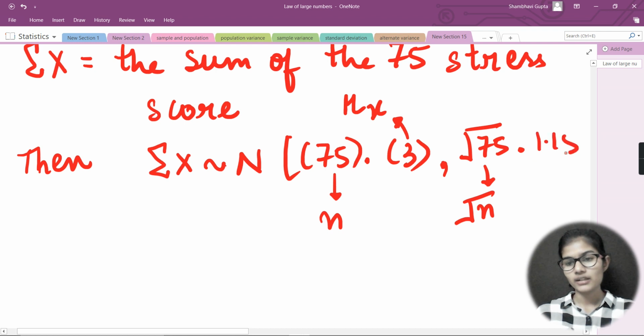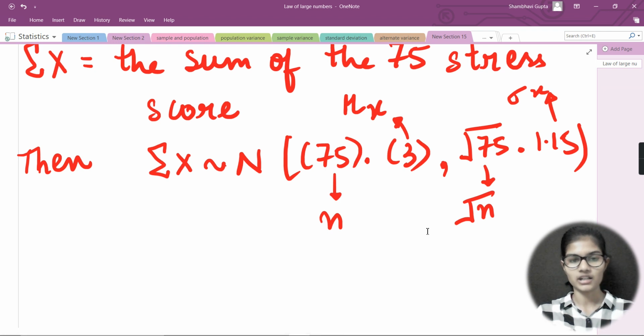And here I would write the value for sigma x, that is 1.15. I hope by now you are all familiar with the notations, because we have used these things many times in our videos and I have repeated the same things. By now you must be familiar with what is this mu x, what is sigma x, what is this root n, what is this n and all those things, right?